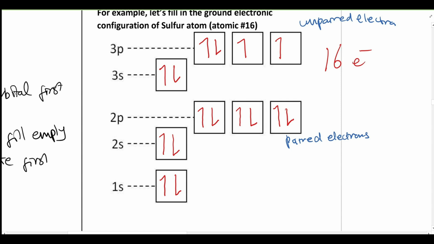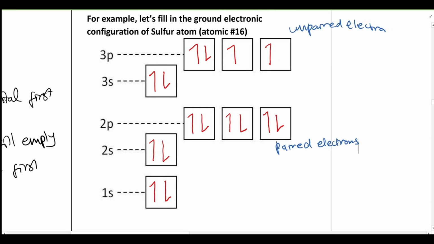Since all those arrows also tell you how the electrons are spinning, and when the electrons are spinning, they create magnetic fields, the ones that are unpaired are called paramagnetic, whereas the paired electrons are diamagnetic.